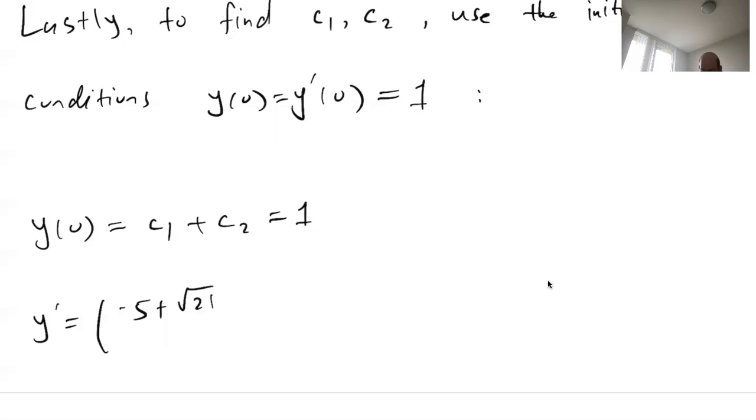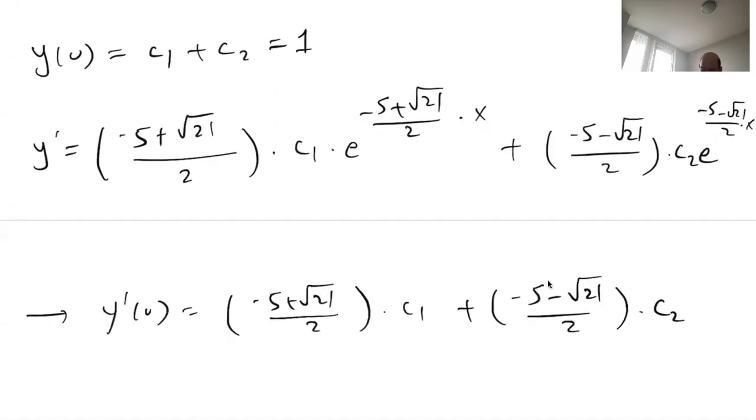So y prime of 0 will be minus 5 plus root 21 divided by 2 times c1 plus minus 5 minus root 21 divided by 2 times c2. And this has to be 1 as well.